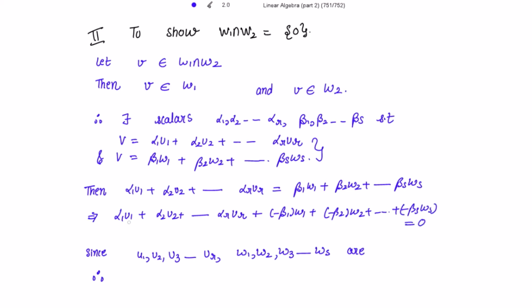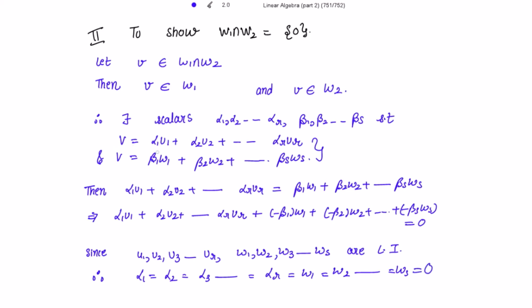Now U1, U2 up to Ur, W1, W2 up to Ws are all linearly independent, because these are the bases of V. If a linear combination is equal to 0 and these vectors are linearly independent, then all these scalars are equal to 0. So alpha 1 equals alpha 2 equals alpha 3 equals alpha r equals beta 1 equals beta 2 equals beta s, all equal to 0.